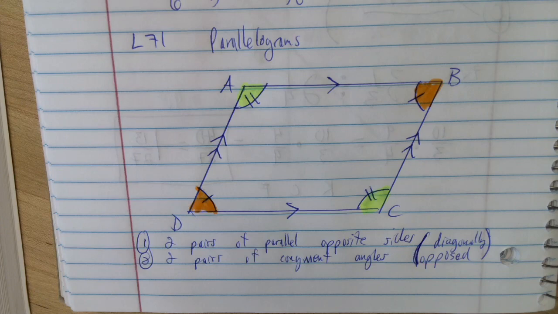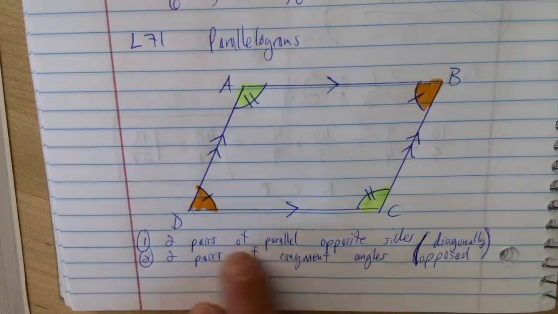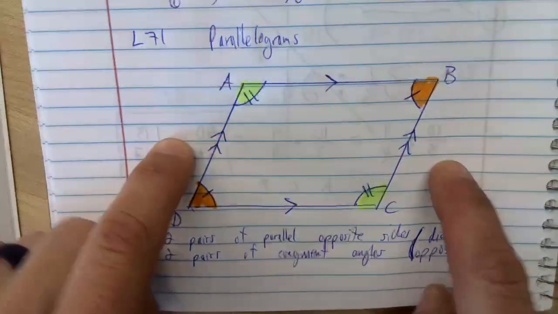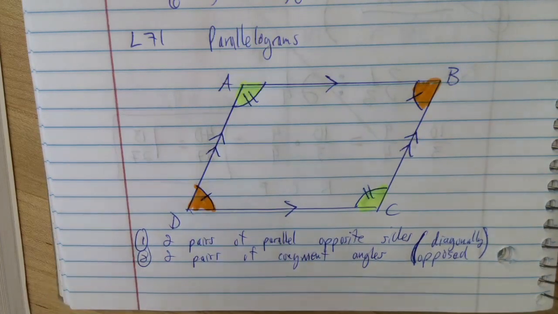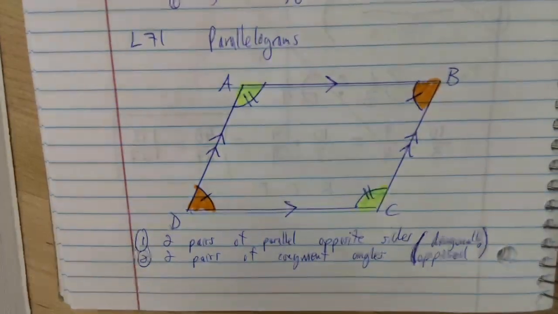Do you see how one truth makes the other true? Same thing here. If you have two pairs of parallel sides, then it must mean that the opposite diagonal angles are congruent. Because each of them individually creates a parallelogram.